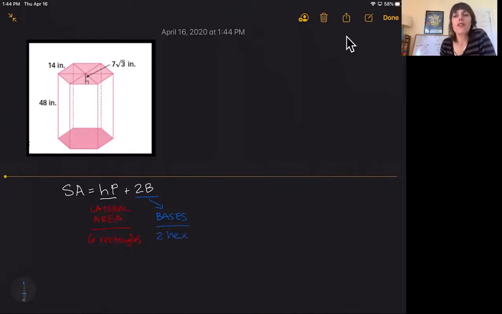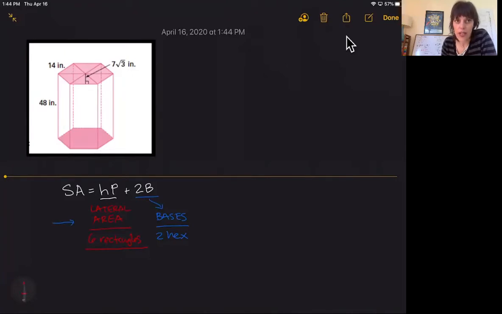Okay, so I want to just unpack a little bit more the HP part, the lateral area part here. So when we're working on that, the height times the perimeter. So essentially what we're finding here in the lateral area is the area of the 6 rectangles added together.